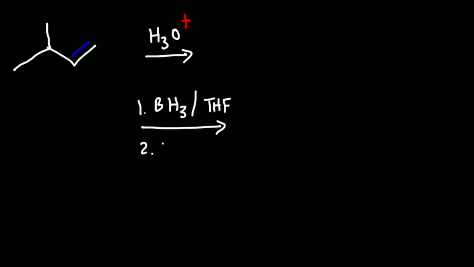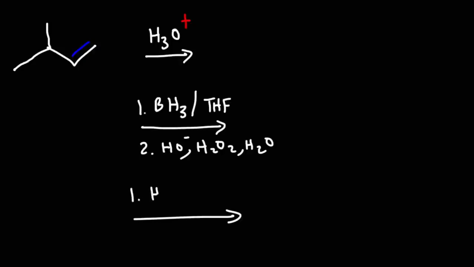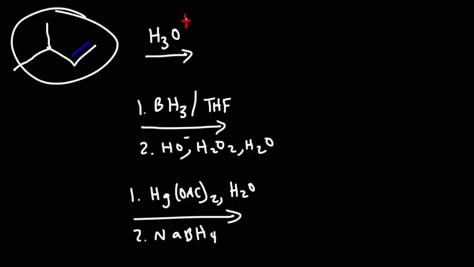And in the second step, we're going to have hydroxide, hydrogen peroxide, and water. And then for a third reaction, in the first step, we're going to have mercury acetate with water, followed by sodium borohydride, NaBH4.